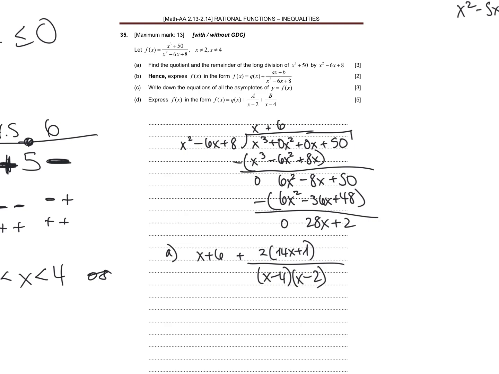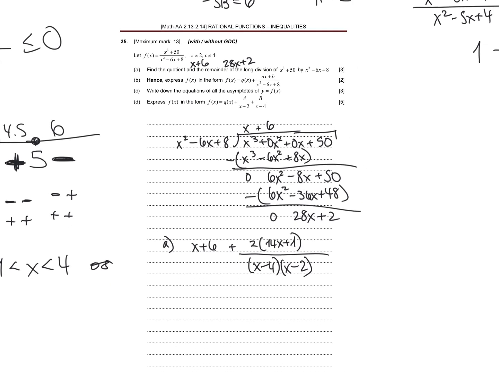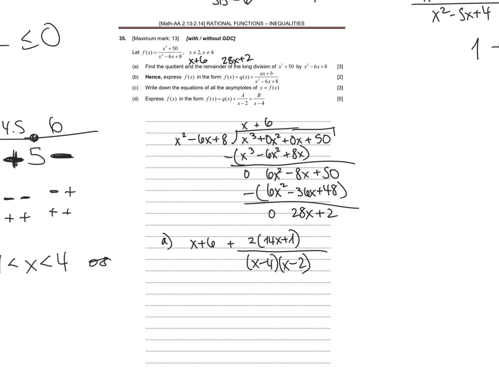So quotient is x plus 6. Remainder is 28x plus 2, or 2 times the quantity 14x plus 1. Hence express. So I've just done that. Well, kind of. This should have been left as x squared minus 6x plus 8. But then for C, and also I shouldn't have factored that, but that's fine.